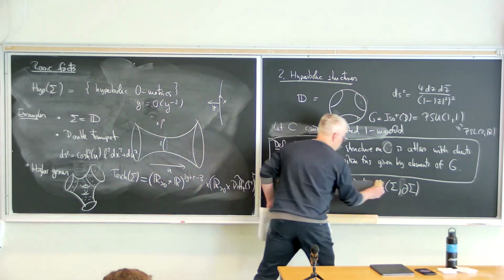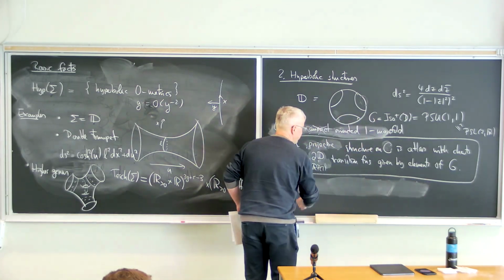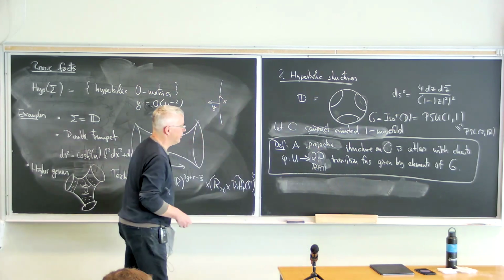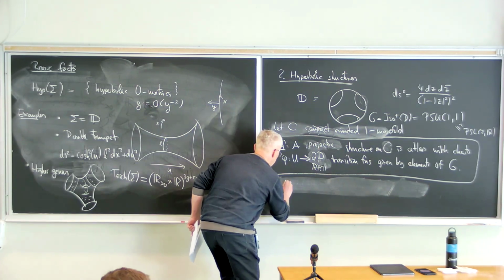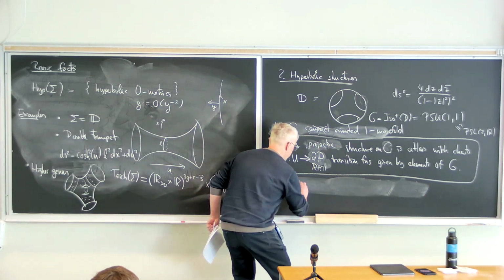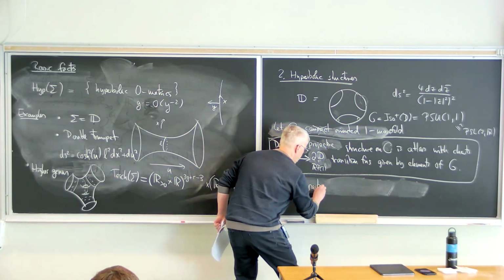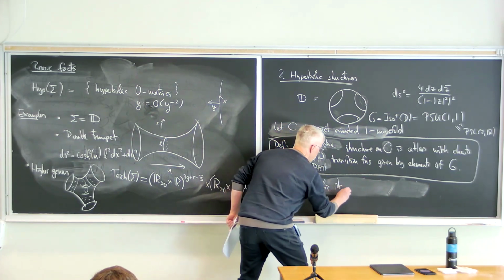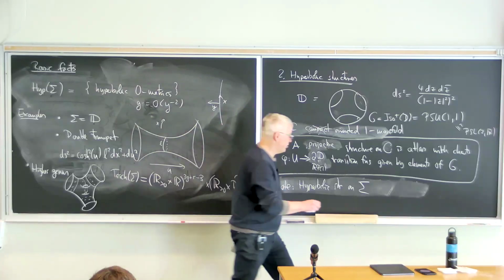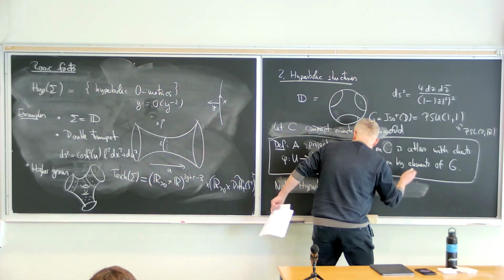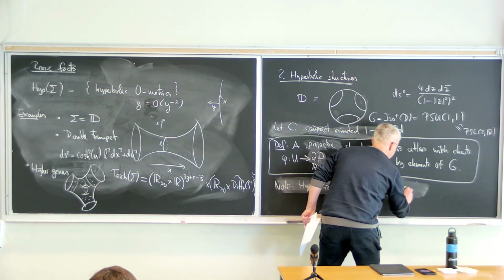And right, having defined projective structure in this way, you see immediately that a hyperbolic structure on a surface, where the surface might have boundary, induces a projective structure on the boundary.